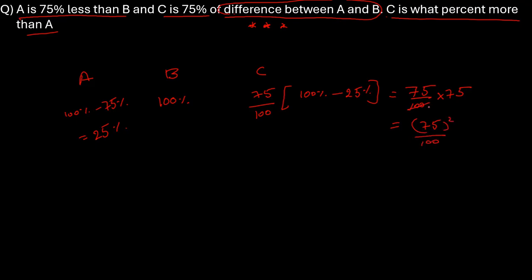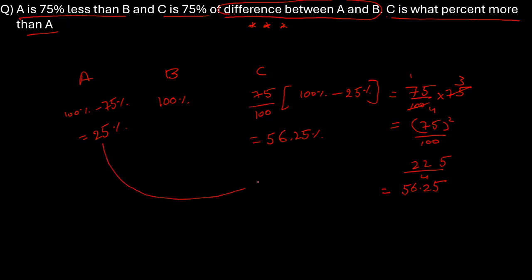So 25 fours, 25 threes. 75 into 3, 15. 225 upon 4. That is equal to 4 5s are 20, 4 6s are 24, and then I'll be left with 1, 2, 5. So the value of C is 56.25%. And we are asked to find out C is what percent more than A.